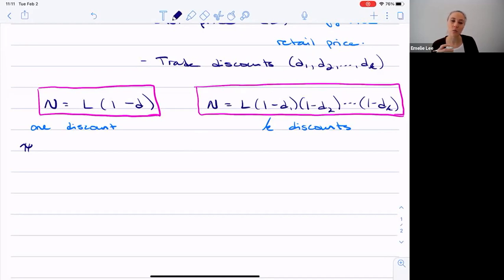Now, if I ask you what single discount would be equivalent to that, you're not just going to add them up, right? So first off, in your mind, put a little stopper on and say, oh, it's actually not the same as just adding up those discounts, okay?